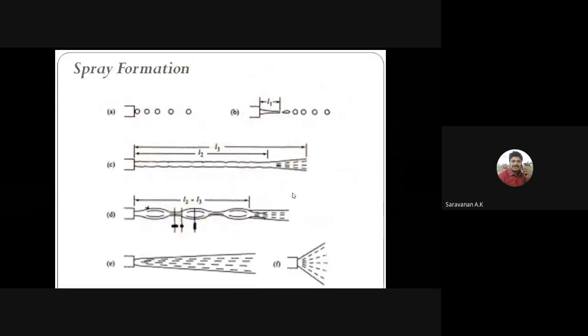So what is the CD value? The CD is the coefficient of discharge, multiplied by the square root of 2 times the pressure of injection minus the pressure of the cylinder, divided by the density of the fuel, right?